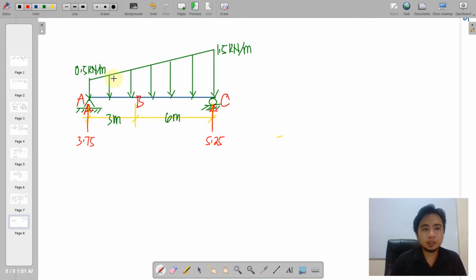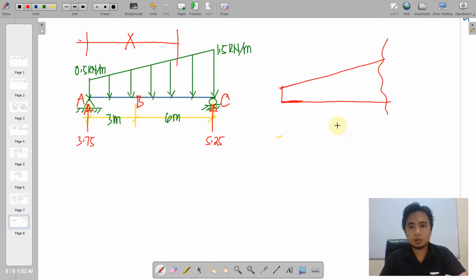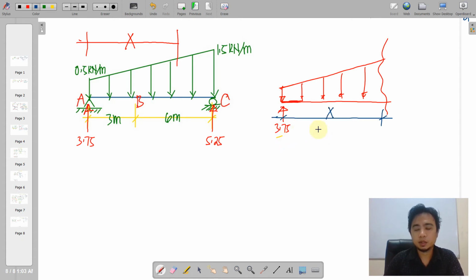So we'll just have to place X anywhere within these boundaries. Again, AB and BC will have a common section. Actually, we have the same slice of a trapezoid. Here it is, a downward trapezoidal loading. So we wanted to include this, the reaction at A, and then this is the X distance.